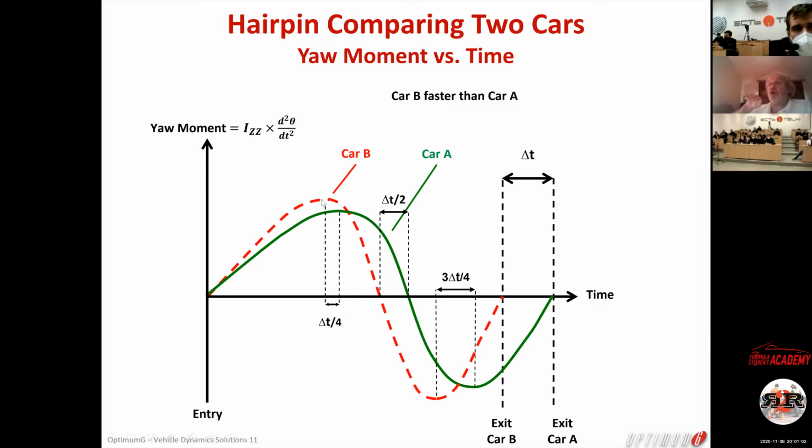More yaw moment allows the car to rotate faster at the internal corner. More negative yaw moment extracts the car from the hairpin. And you cannot go from positive to negative without passing through zero.